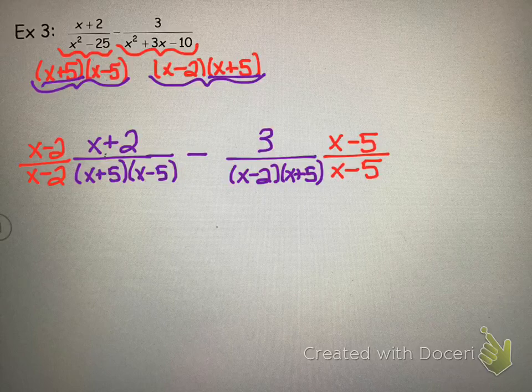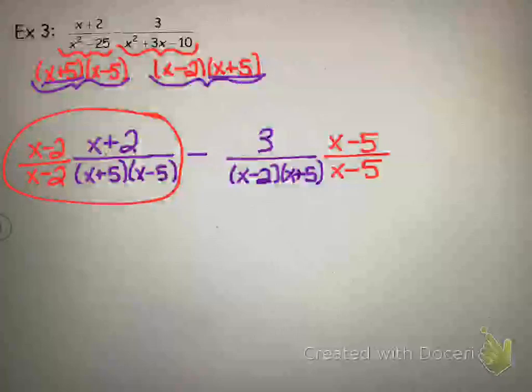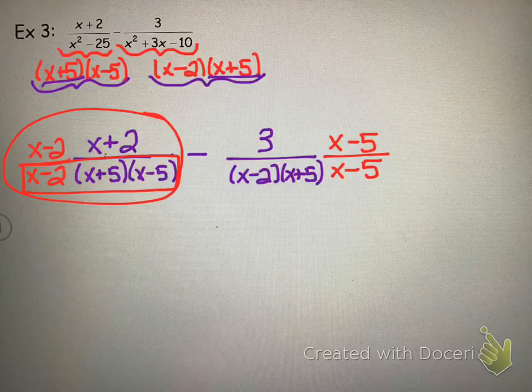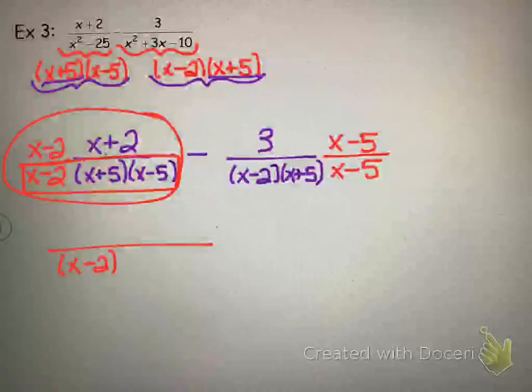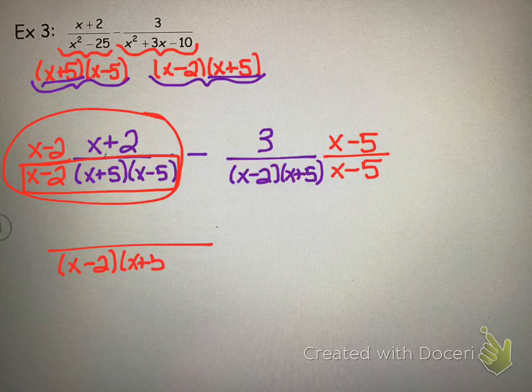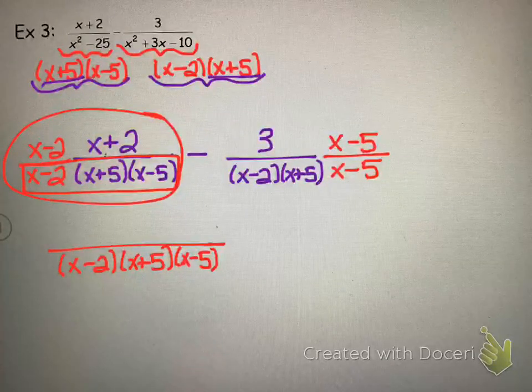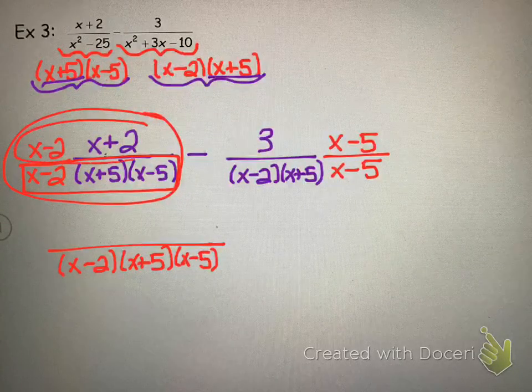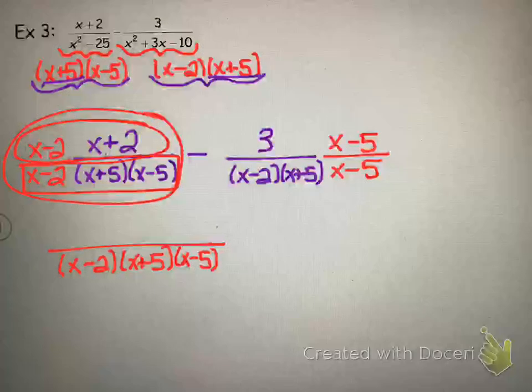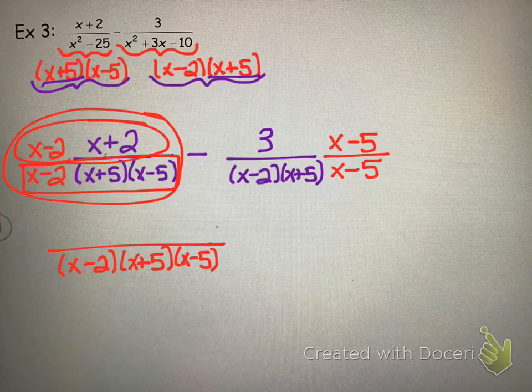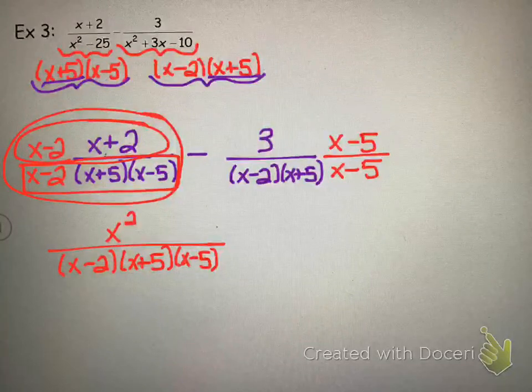And so once again, when I multiply all of this out right here, I can leave the denominator written in its factored form. So it's now going to have factors of x minus 2, x plus 5, x minus 5. But I have to FOIL the two numerators together. And when I FOIL these two together, I just get x squared minus 4.